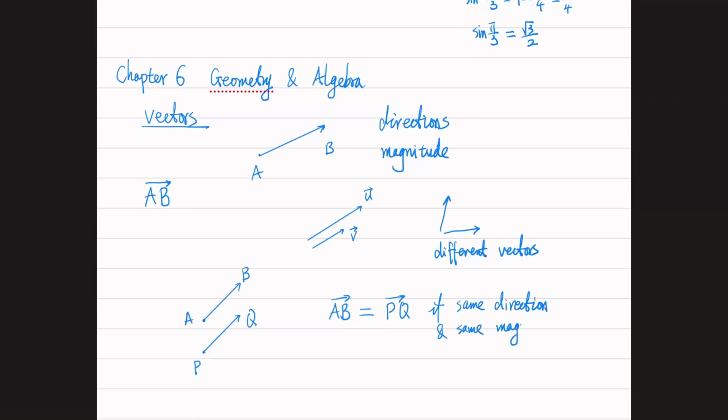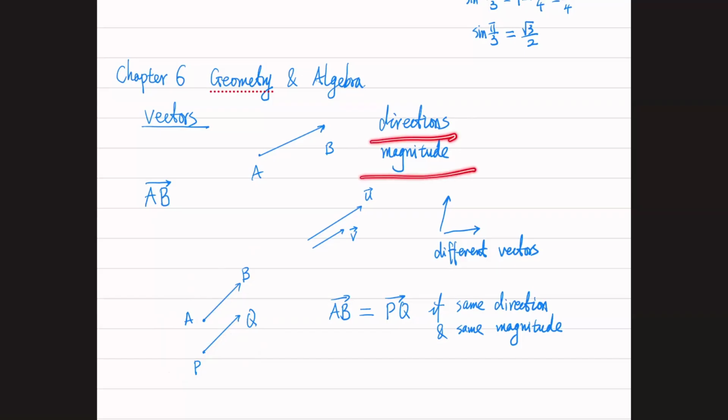Even though these two are at different places, they are still equal vectors, because vectors only depend on directions and magnitudes. It doesn't depend on where the vector is.